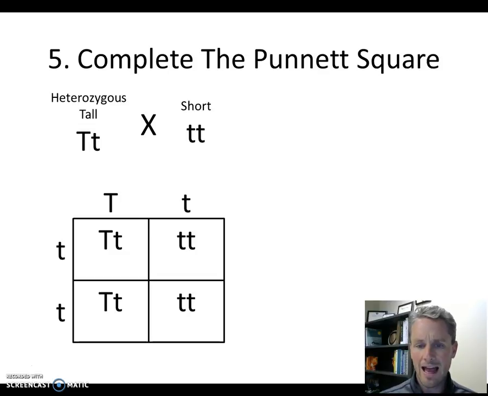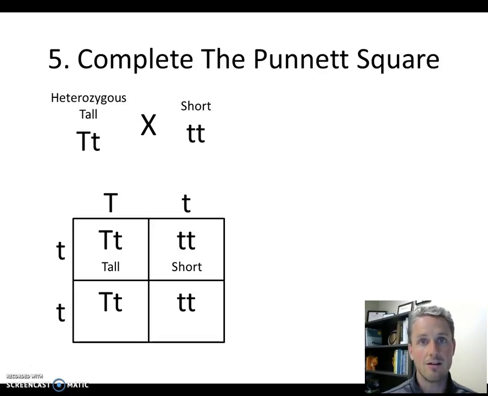At this point, I'm going to add in one more piece of information. If we referred back a few slides, we made the list of all the genotypes that were possible and what phenotype they're associated with. I'm just going to write those phenotypes in the box next to the genotypes. So big T, little t, that makes a tall plant. Little t, that makes a short plant.